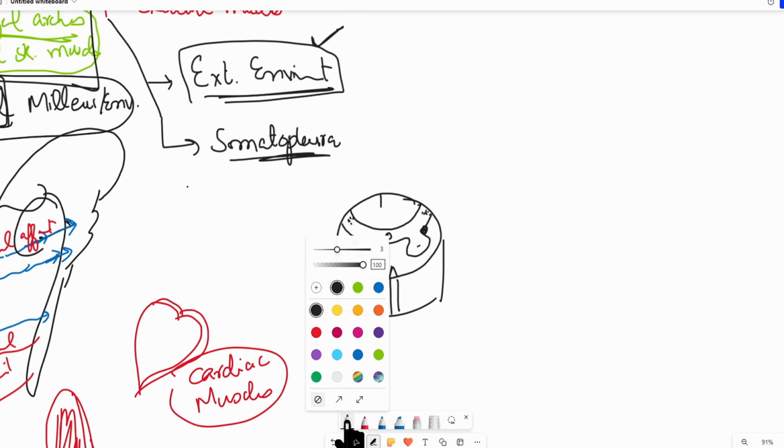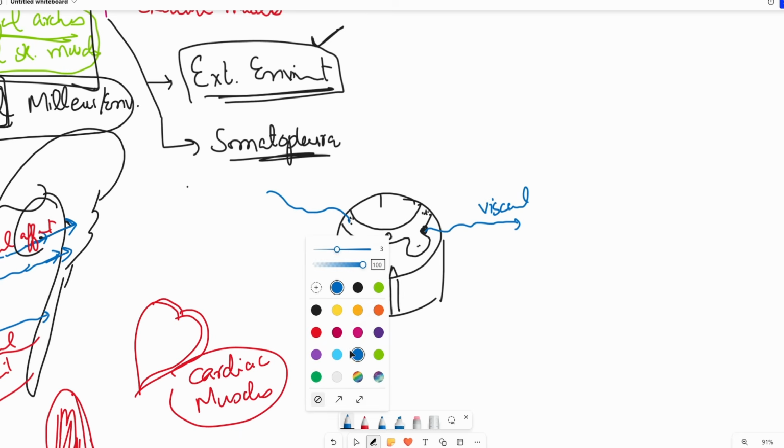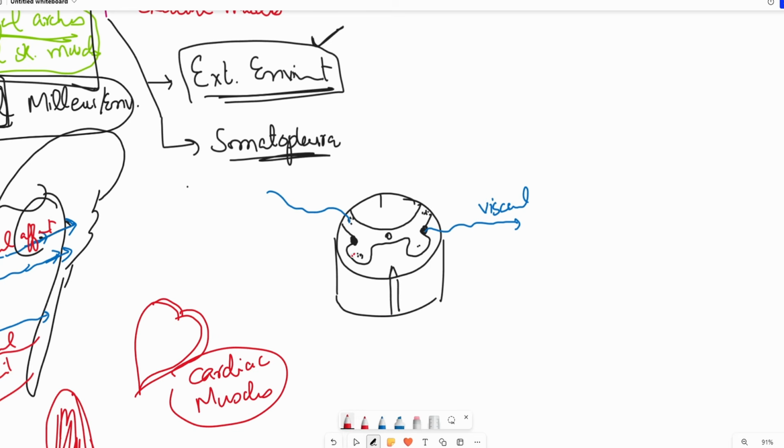Now the nerve fibers that originate from the lateral horn, they are visceral, right? And nerve fibers that originate either from the dorsal horn or from the ventral horn, both of these are somatic.